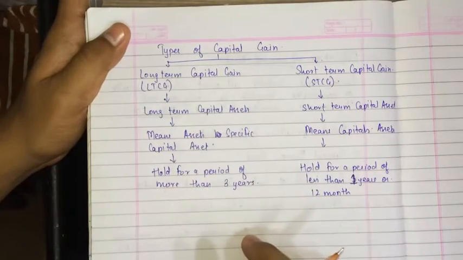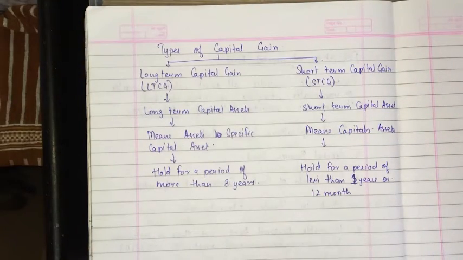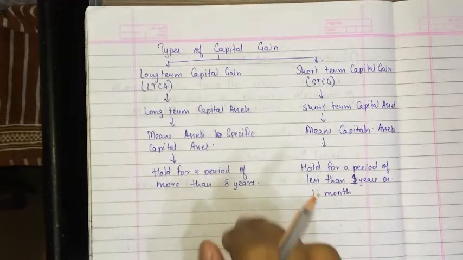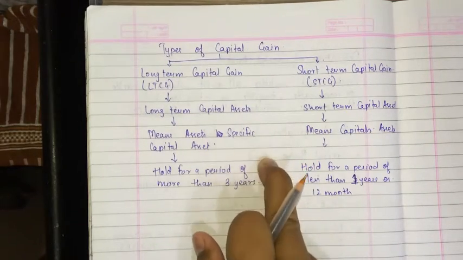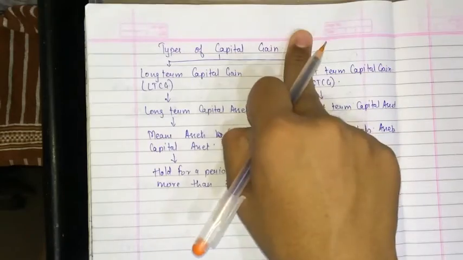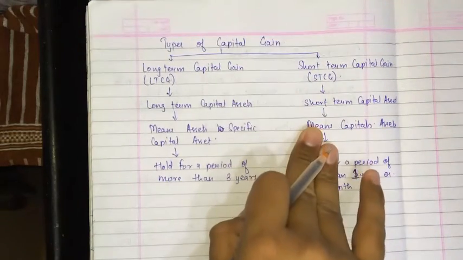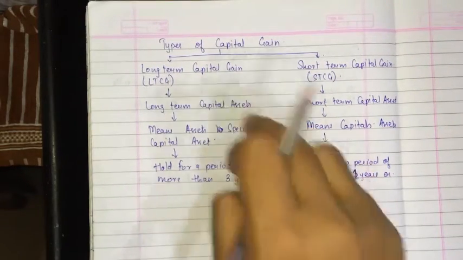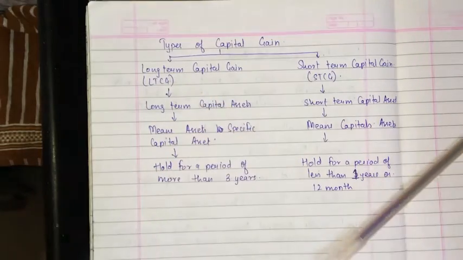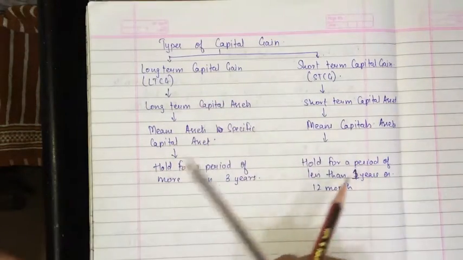How to determine a long-term capital asset? If the asset is held for more than 3 years, then it would be termed as a long-term capital asset. And if such asset is sold, and any gain is incurred, such gain will be termed as long-term capital gain. Are you understanding what is long-term capital gain now?